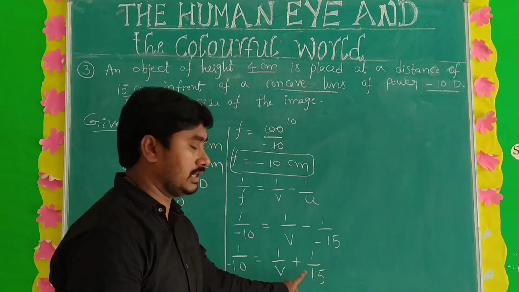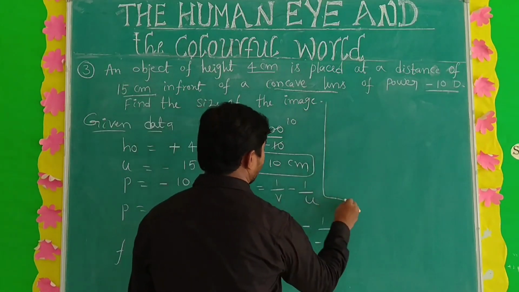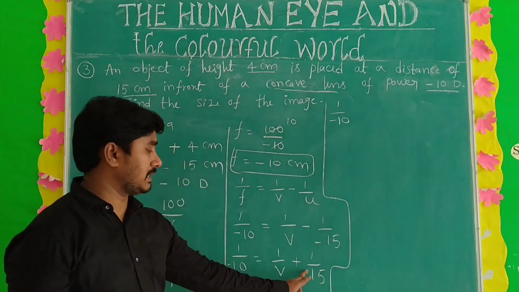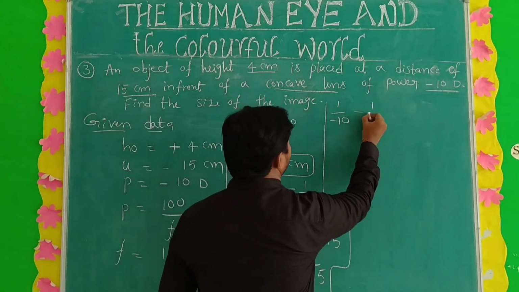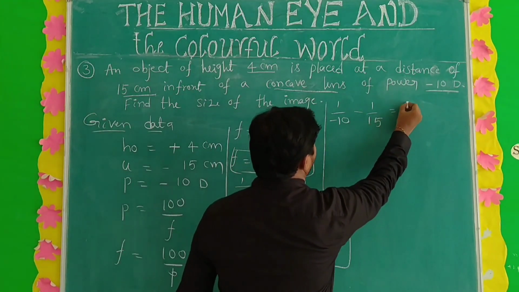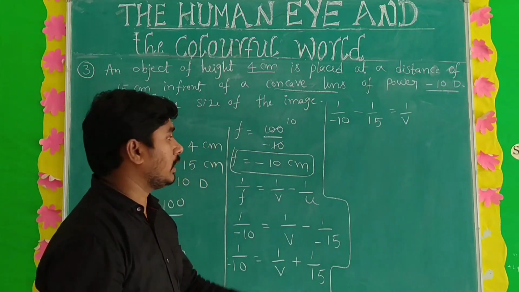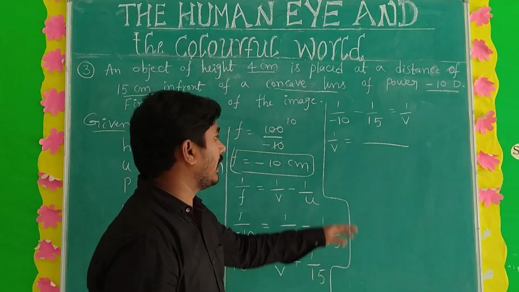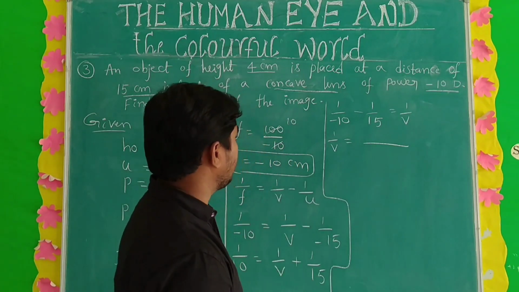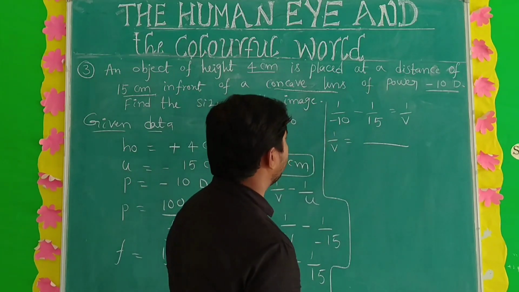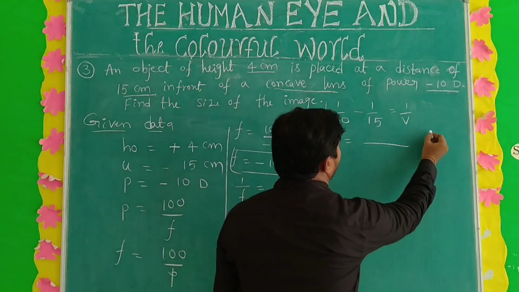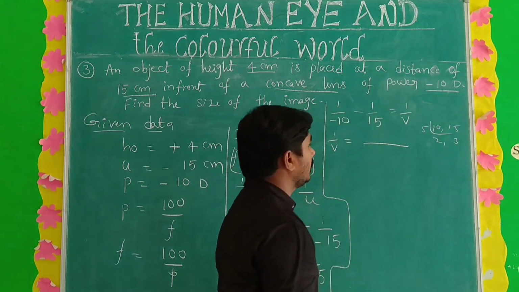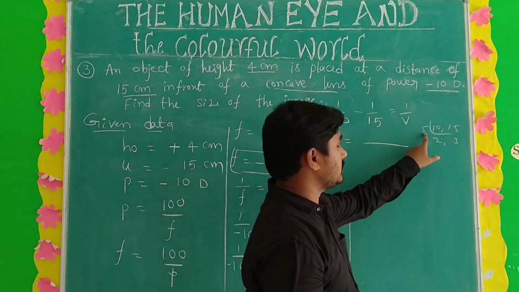See, 1 by 15 is there; send it to the other side. So 1 by minus 10, and 1 by 15 which is plus moves to the other side as minus: 1 by minus 10 minus 1 by 15 is equal to 1 by V. Take the LCM of 10 and 15. 5 2s are 10, 5 3s are 15, so 2 3s are 6, 6 5s are 30.